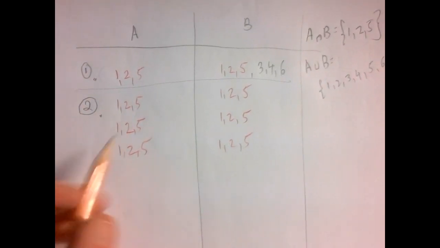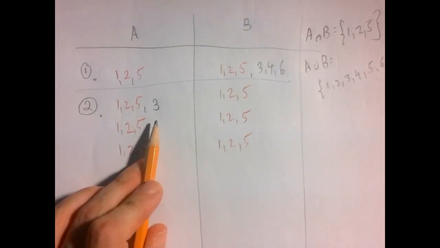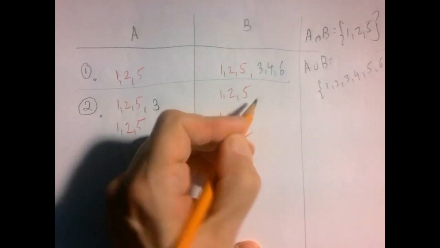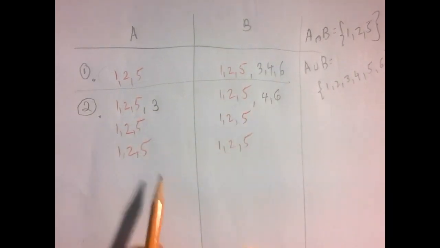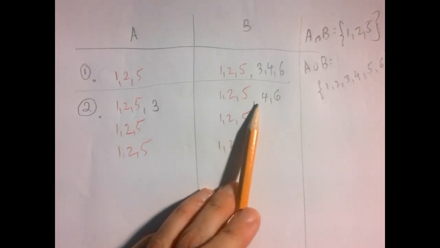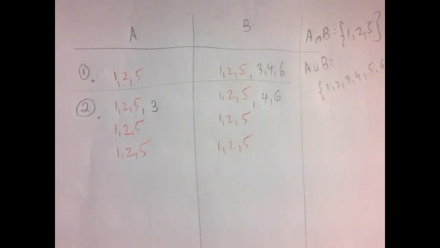So we can also choose to add the number 3 to A. So then it would have 1, 2, 3, 5. And then 4 and 6 would have to be in B, otherwise the union is not big enough, and 3 is not allowed in B, because if 3 is in both sets, that would mean it would also be in the intersection.